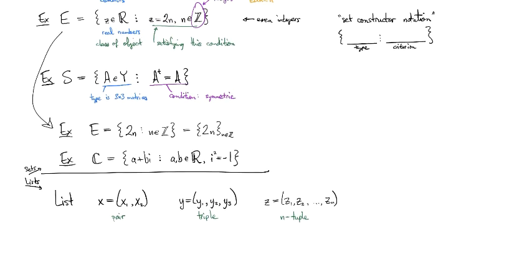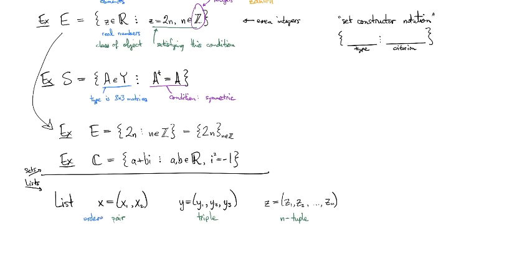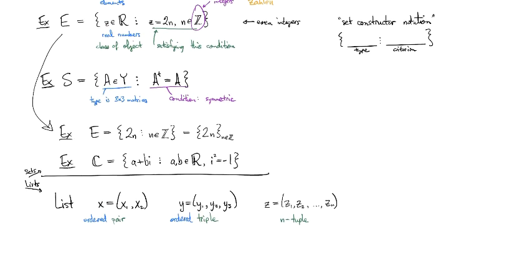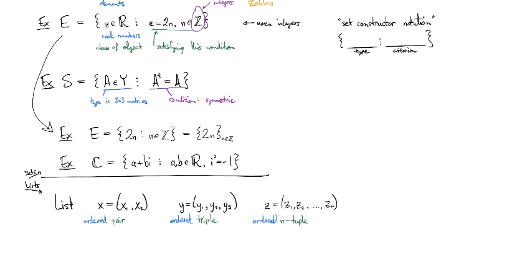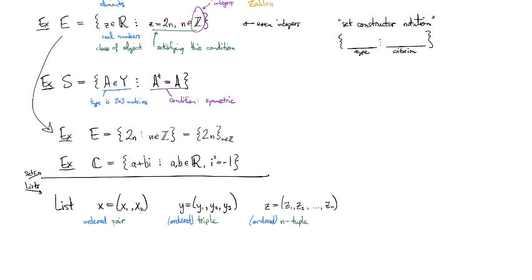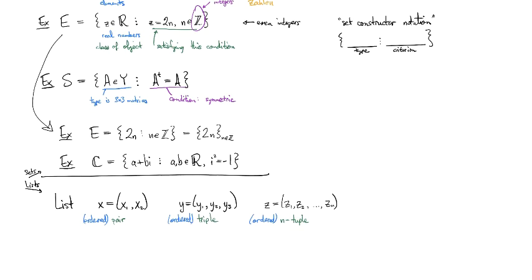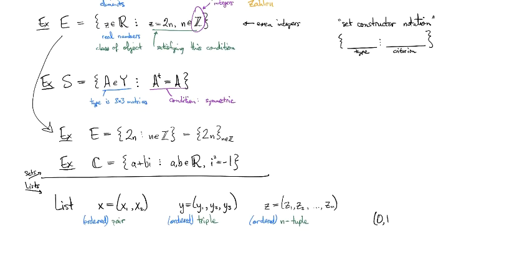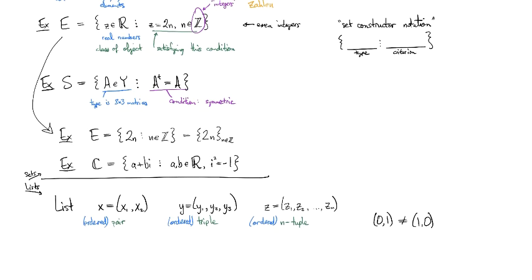And implicit in this is that we're talking about a situation where order matters. And typically I won't actually bother to say the fact that it's ordered, that's just implied. But the idea about order mattering is that (0, 1) is not the same thing as (1, 0).